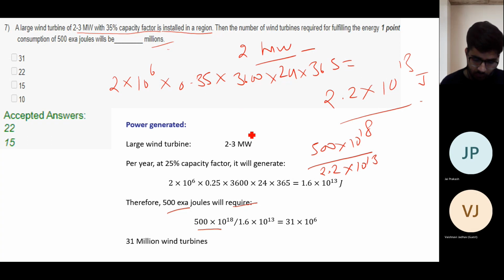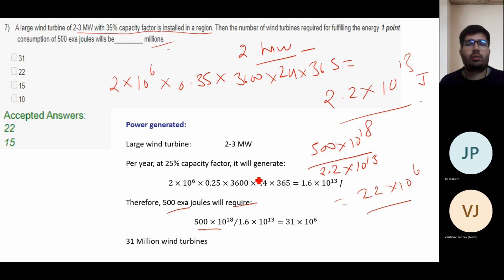So you will get around 22 into 10 to the power 6. The exact will be 2264981. So roughly you can say 22 into 10 to the power 6. Okay, you require 22 million turbines if you are having 2 megawatt of wind turbine with 35% capacity factor.